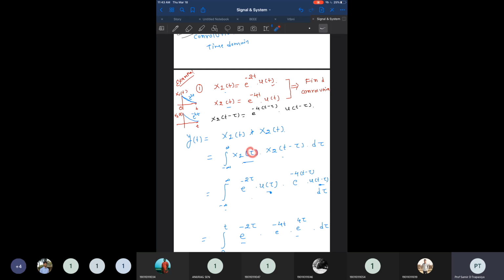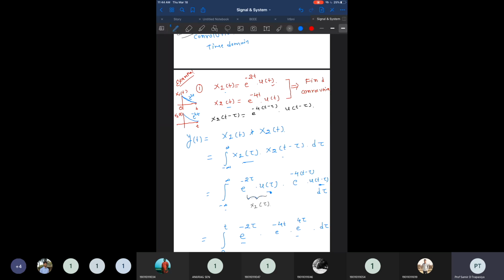So x1 of tau means that every t is replaced with tau. How does the signal look? The t is replaced with tau, and it becomes e raised to minus 2 tau into u of tau. This, in a different color, is the signal x1 of tau.